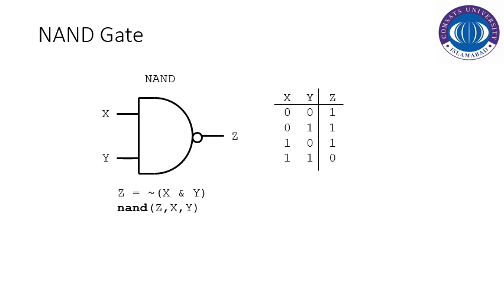Now coming to the NAND gate. NAND gate is basically the inverse of AND gate. So we basically invert the output of AND gate by using the NOT operation. So basically this thing is equivalent to an AND gate, and the output of AND gate is being inverted.